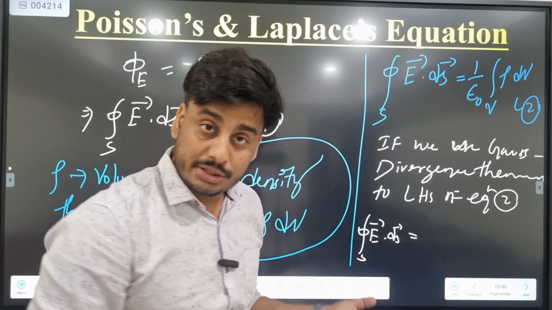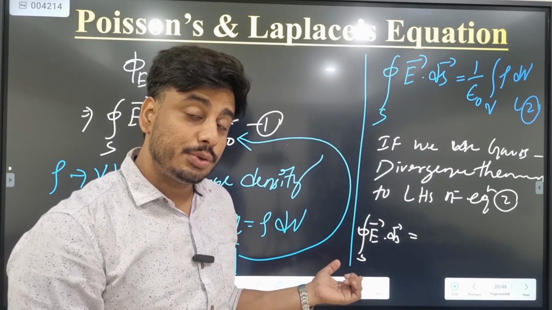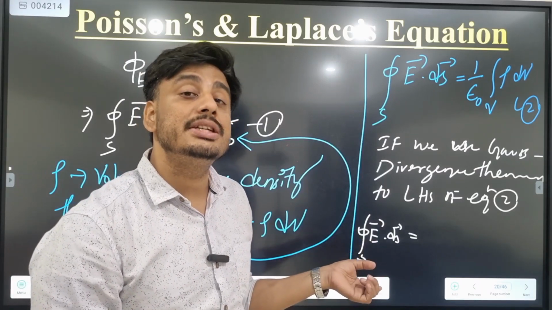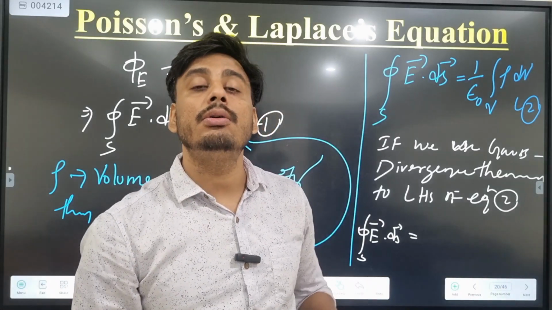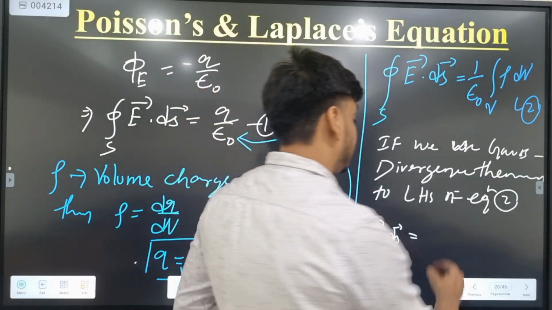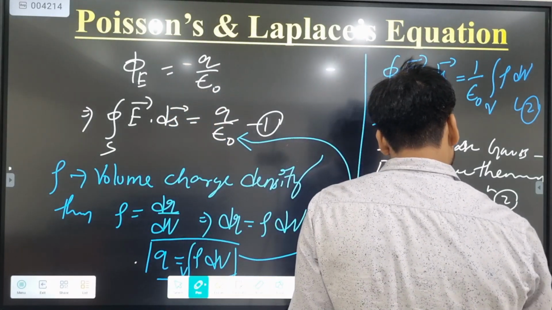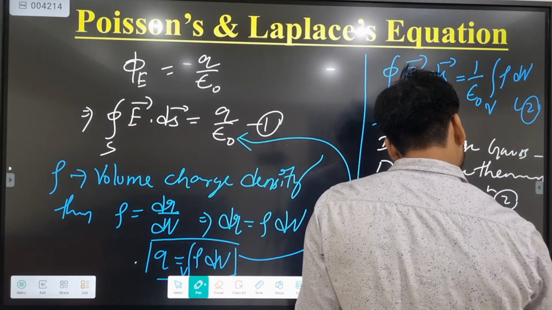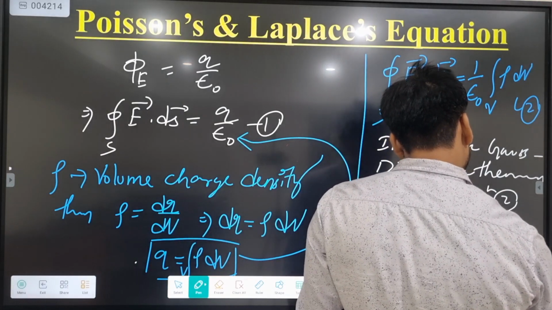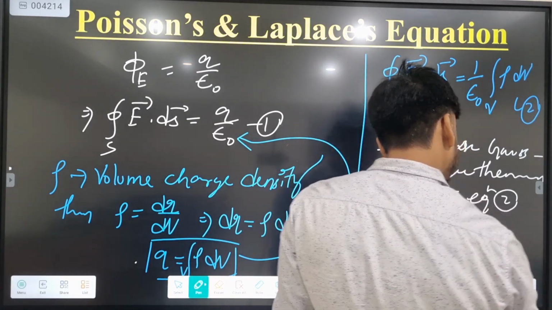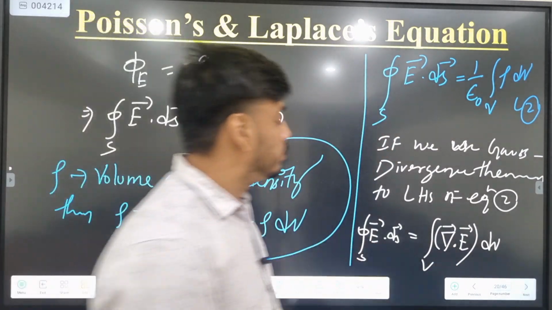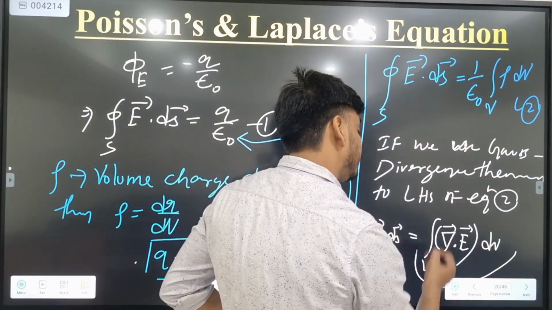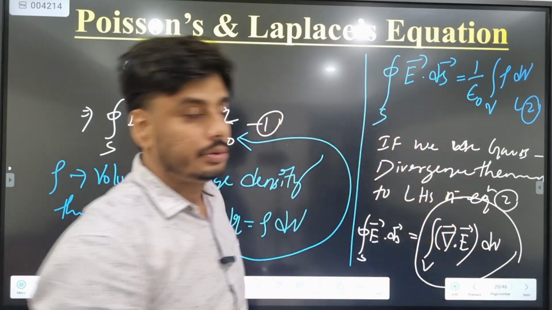According to Gauss divergence theorem, A dot ds equals div A dv. So E dot ds equals div E dv. So we can write div means del dot E dv. Clear? Del dot E dv. Now we converted it. We have to use this value in equation 2.